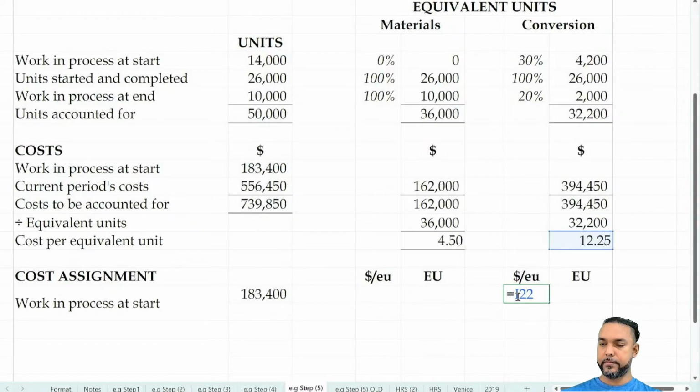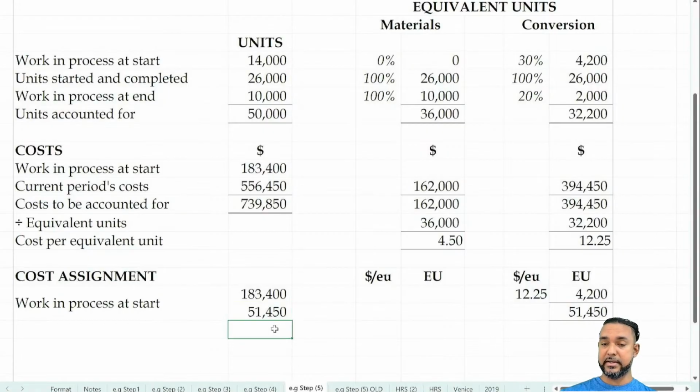And the equivalent units for conversion was 4,200. So all we're doing is taking this and multiplying it by that: 51,450. Put a little double lines there, and we're going to put that going across here.